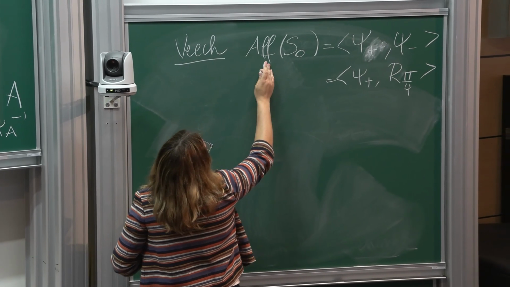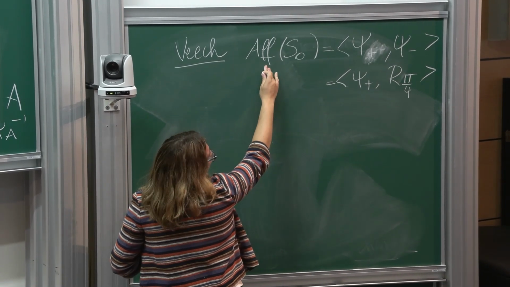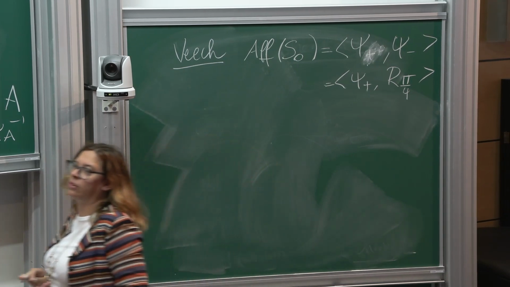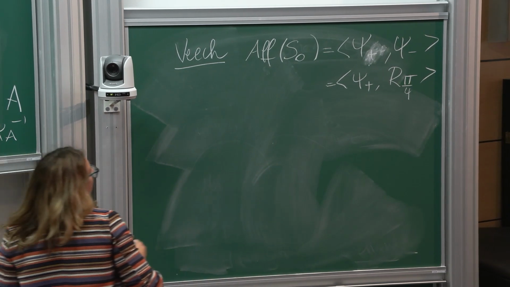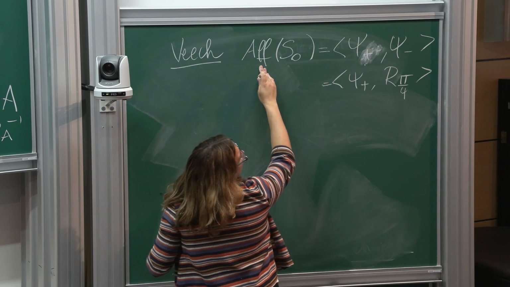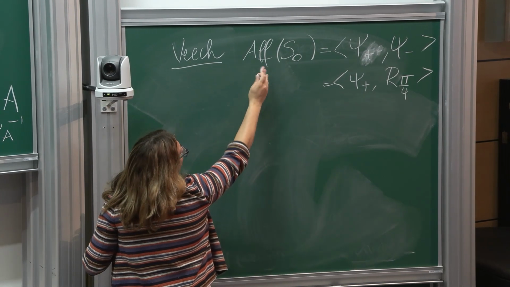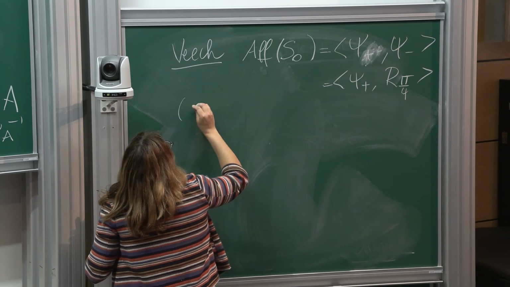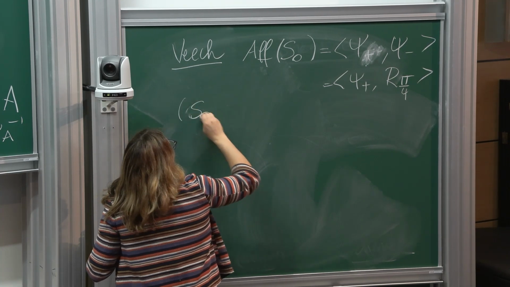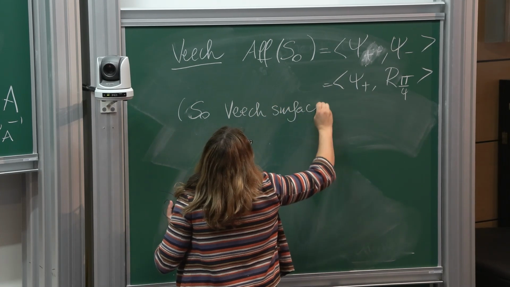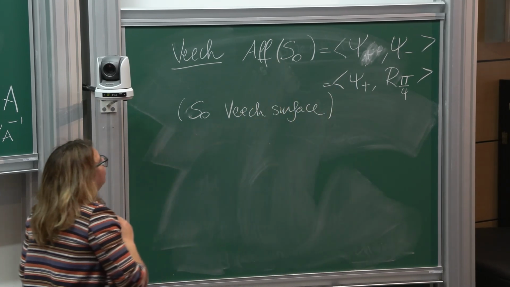And this is as large as a group of affine diffeos of a translation surface can be: the linear parts form a lattice in SL2R, and this group is always discrete. This is what is called the Veech surface, a very special surface rich in affine symmetries.